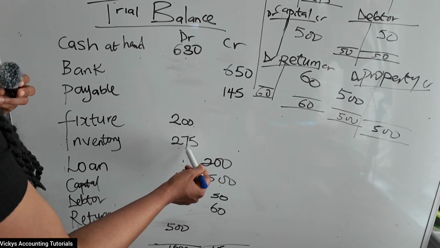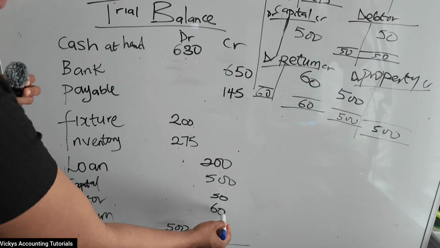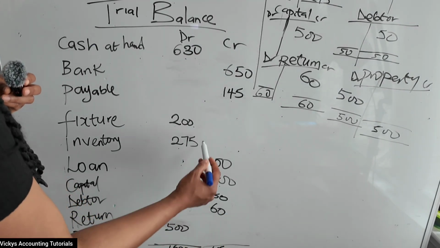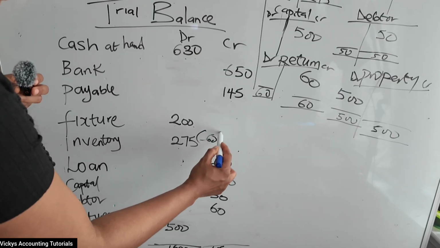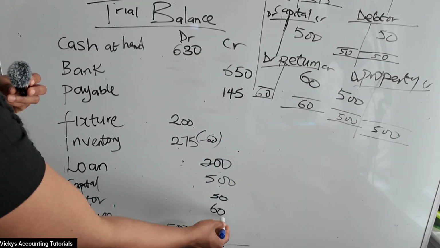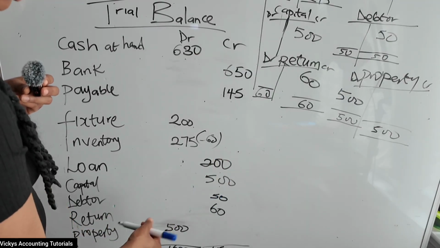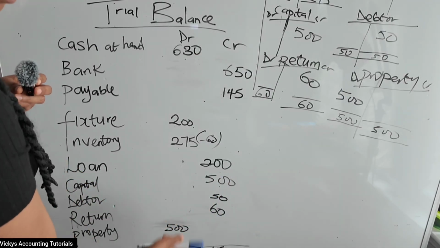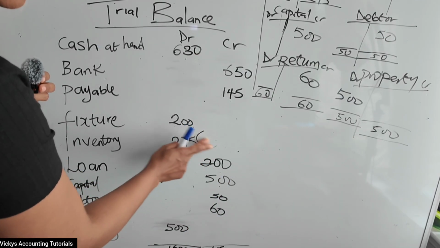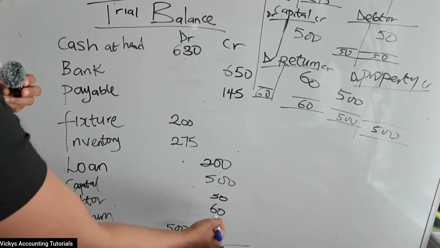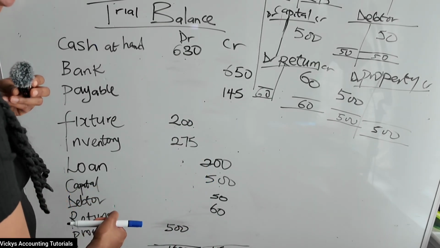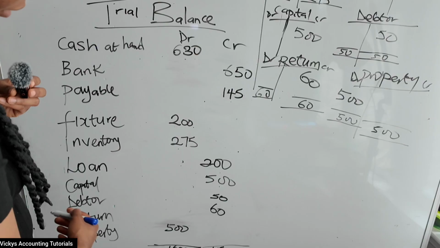Our inventory. So if you don't want the return to appear in your trial balance, you can simply deduct 60. It will be 215 instead, and this 60 wouldn't be here. But just for the purpose of this tutorial, I will list out everything for you to see. But normally, return will adjust the inventory so that we can know our closing balance of the inventory.